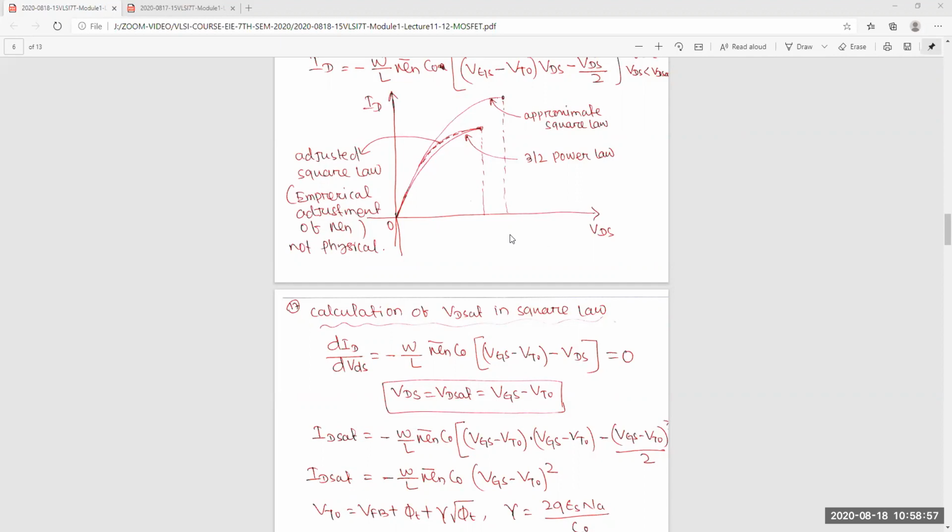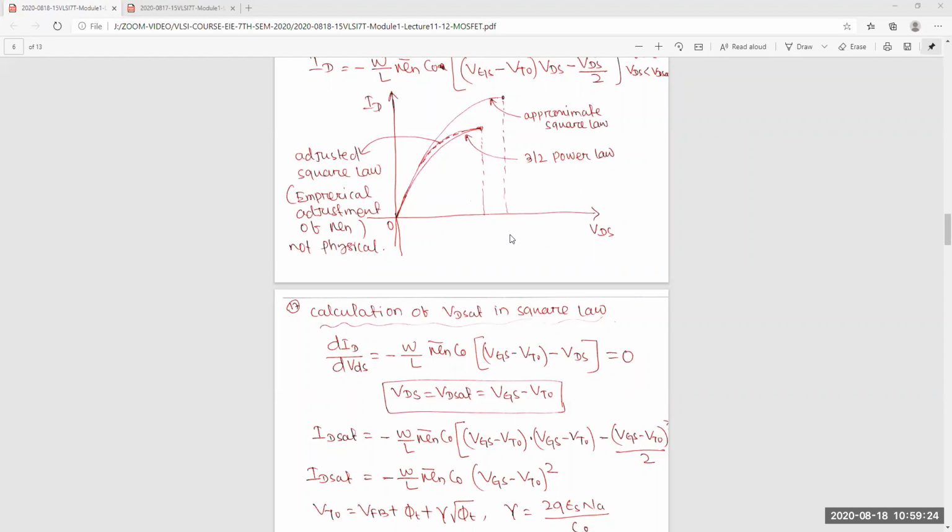Your ID you have defined as some VGS minus VT whole square or all these things, but that ID is simply 0. Okay. So now you understood the three regions of operation for a transistor: cutoff, linear, saturation. In cutoff, VGS is less than threshold voltage and ID is equal to 0.